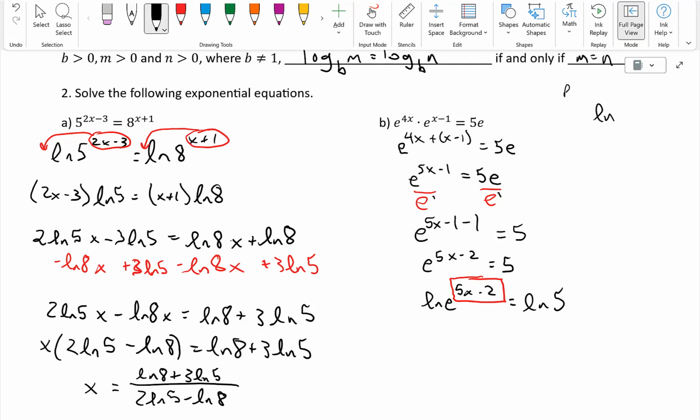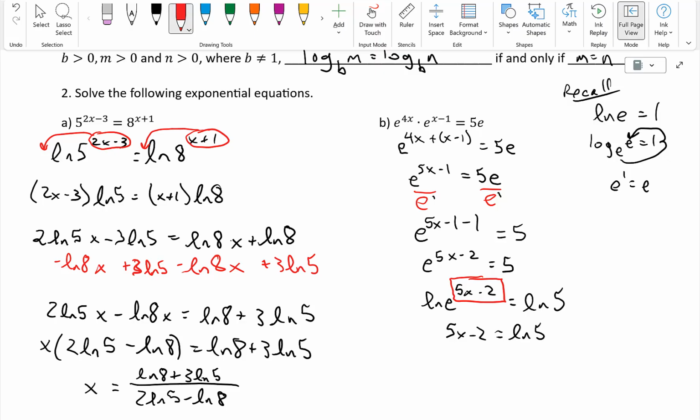So maybe a little recall, scratch something over here. Natural log of e equals 1, because really natural log of e is log base e. And log base e of e would equal 1 because we'd convert to exponential, get e to the first equals e. All right, so on our left side, we just have 5x minus 2 equal to natural log of 5.